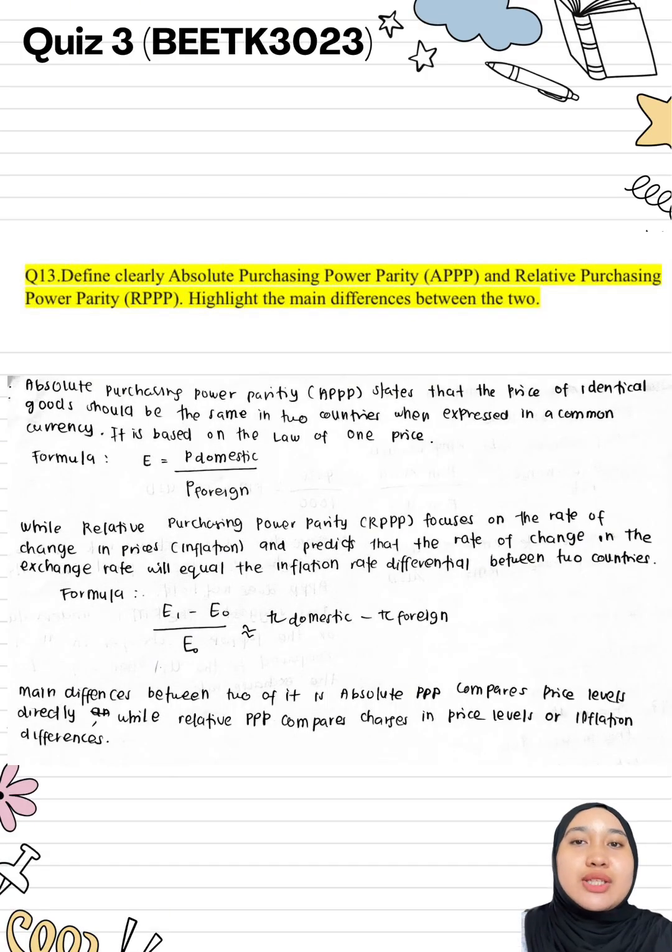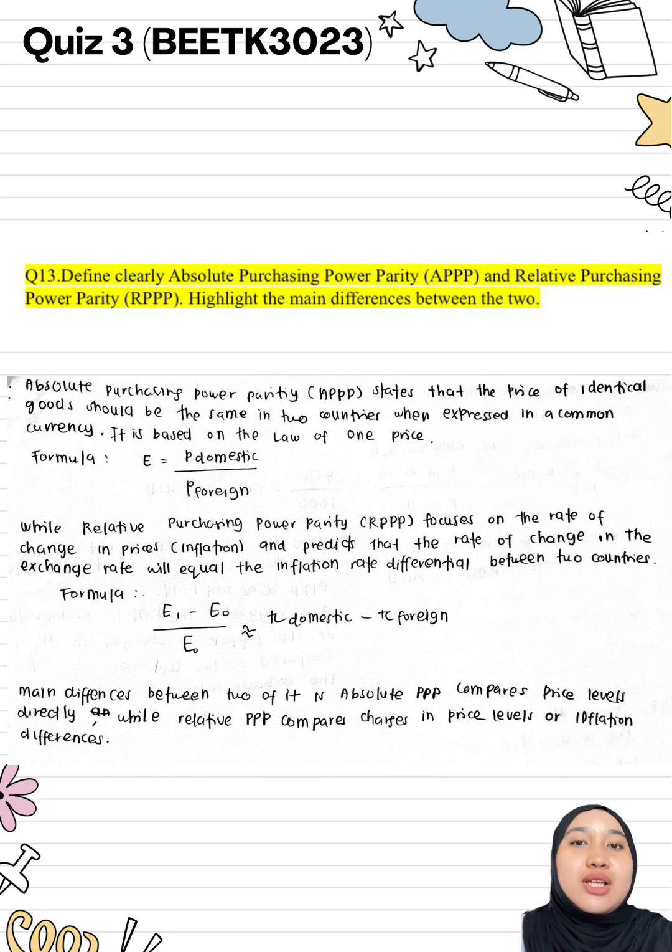So for question 13, in international economics, there are two important versions of purchasing power parity, which are absolute and relative. First, absolute purchasing power parity. This theory says that identical goods should cost the same in different countries when prices are converted into a common currency.